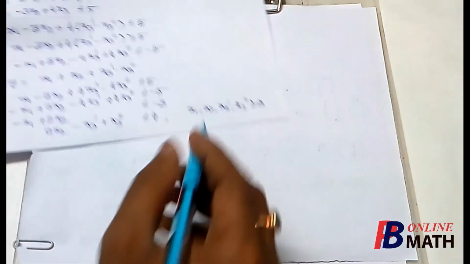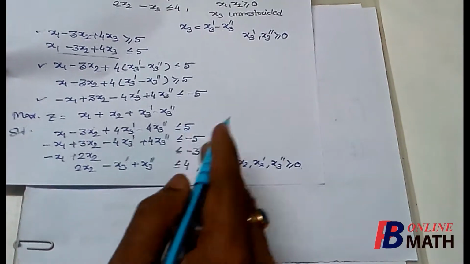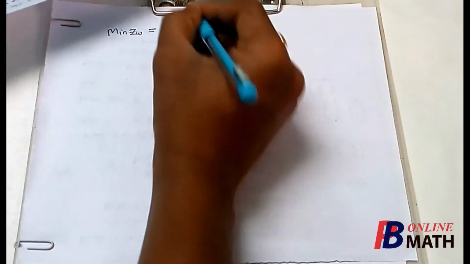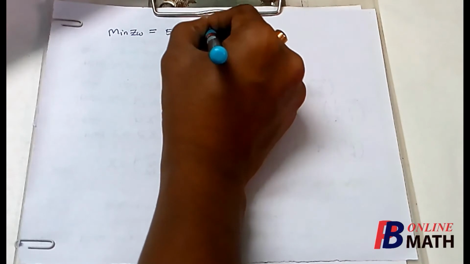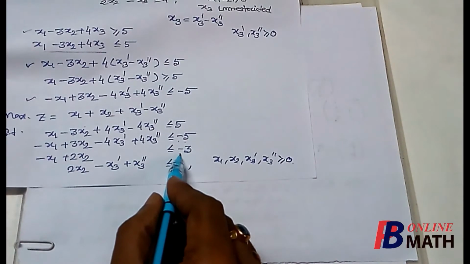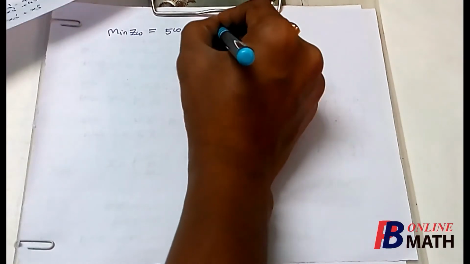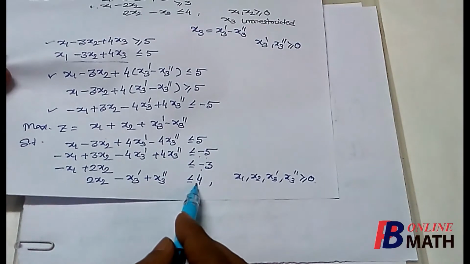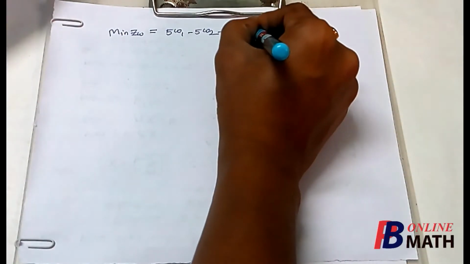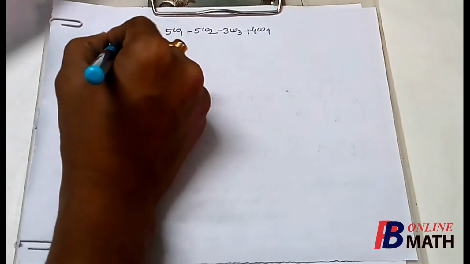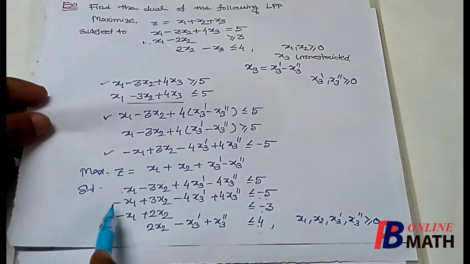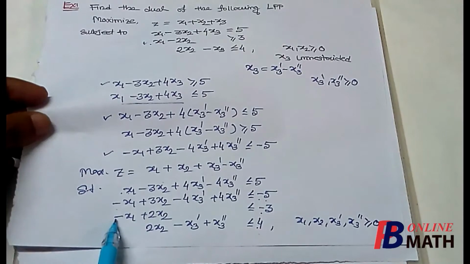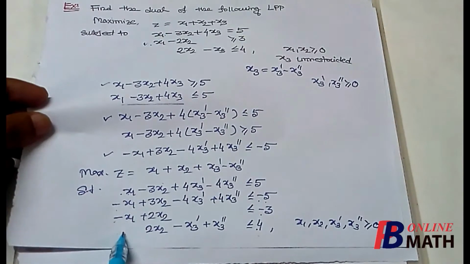This will be equal to 5 into omega 1 minus 5 into omega 2 minus 3 into omega 3 plus 4 into omega 4, subject to the first constraint, which will be 1 into omega 1 minus 1 into omega 2 minus 1 into omega 3 plus 0 into omega 4.